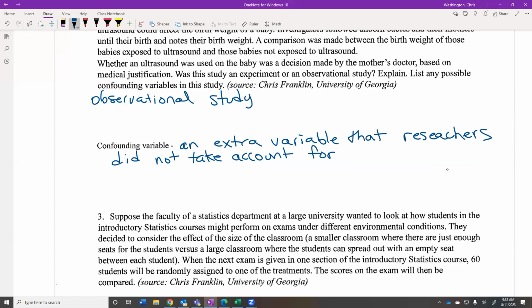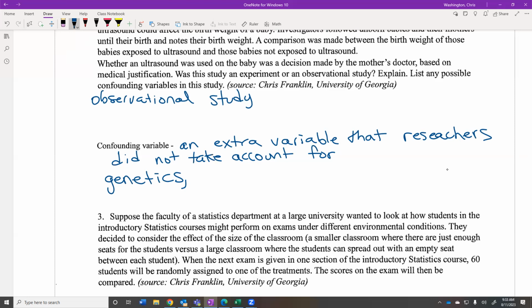So what would be some other things that might affect how much this baby weighs when it's born, other than ultrasound and not ultrasound? Genetics, perfect. Maybe we could put mother and father genetics in that case. The genetics might affect the birth weight. What are some other things that might affect the birth weight? We would call these confounding variables.